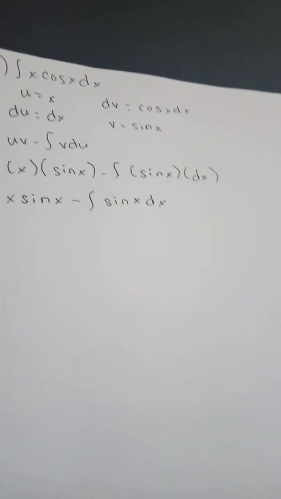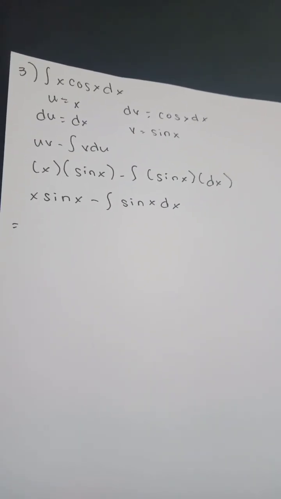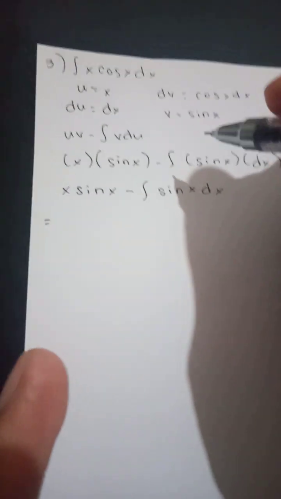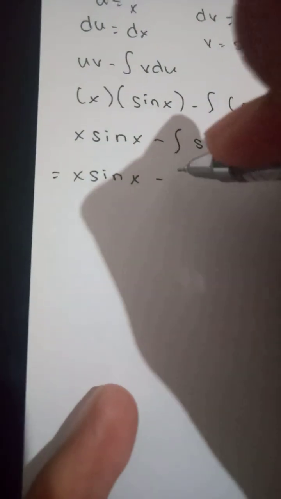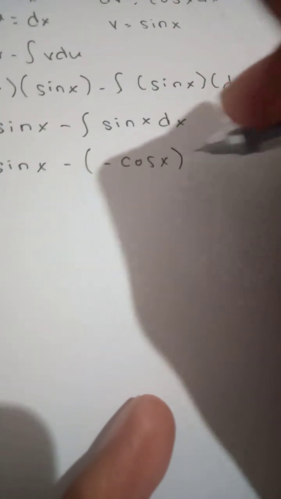So the integral of sine x is going to be negative cosine x. So it's going to be x sine x minus negative cosine x plus c.